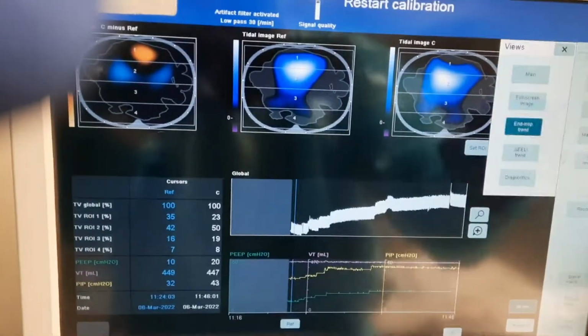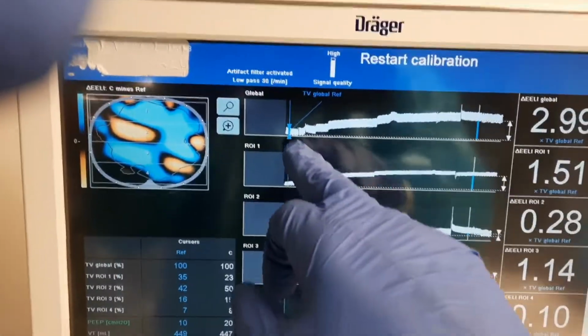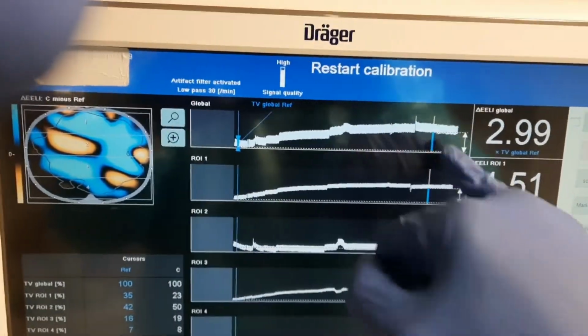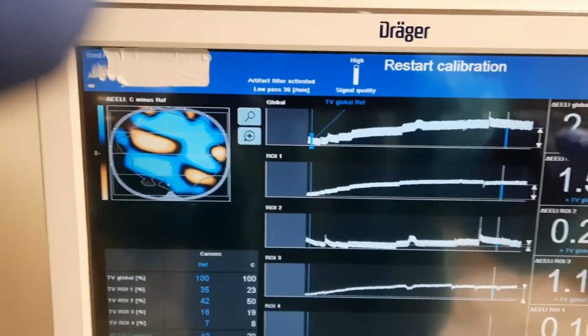We then go to this screen here, and if you can notice, it's very similar to the impedance. So this is an increase in functional residual capacity globally, 2.99, so let's say 3 impedance value.